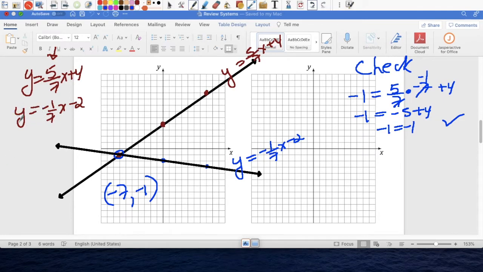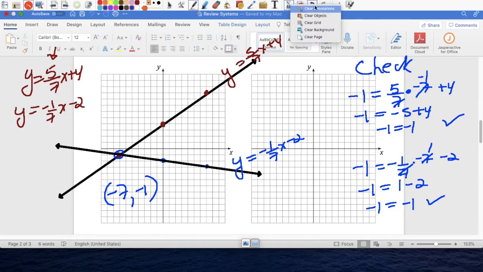The second equation, y, again, is negative 1, equals negative 1 over 7 times x, which is negative 7, minus 2. That simplifies to 1, since a negative times a negative is a positive, so I get 1 minus 2, and negative 1 equals negative 1. So that point of intersection is on both lines, and that's just your check to make sure.